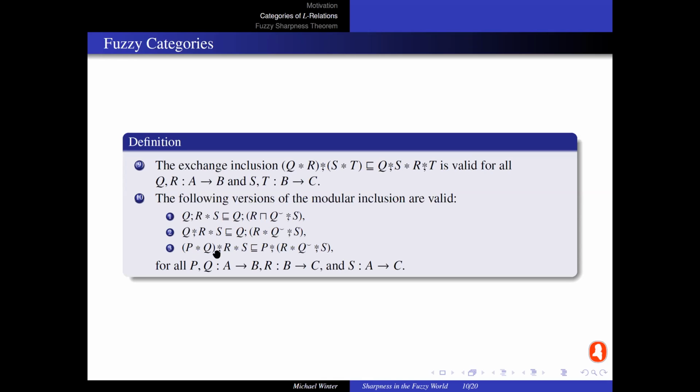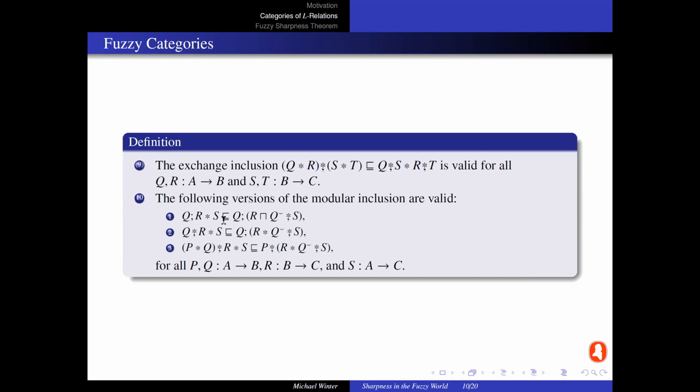You see this in number 3. You're splitting the relation Q, which is normally at this place instead of P star Q, into two relations combined by star. So again, what I want to point out over here is that the general modular inclusion for star and star-based composition is not valid. There are 3 weaker versions which are valid. And actually, I did this, I think, last RelMiCS.